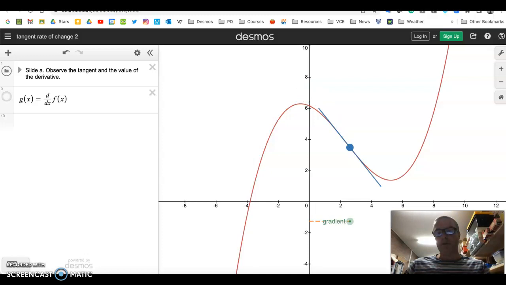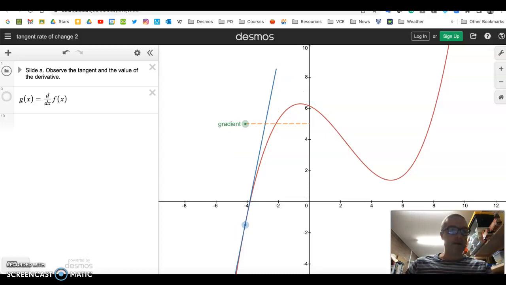This path is showing us what is happening to the gradient of the tangent as we move from left to right across the curve. So it makes that sort of U shape.